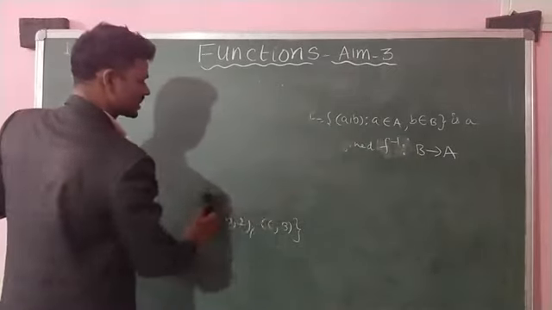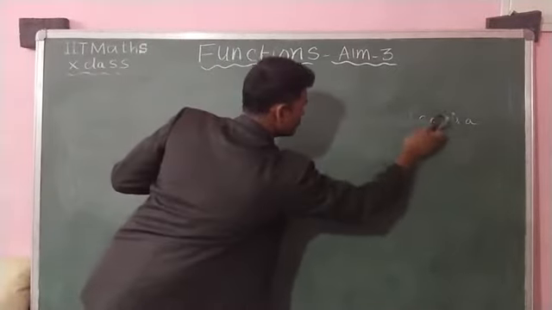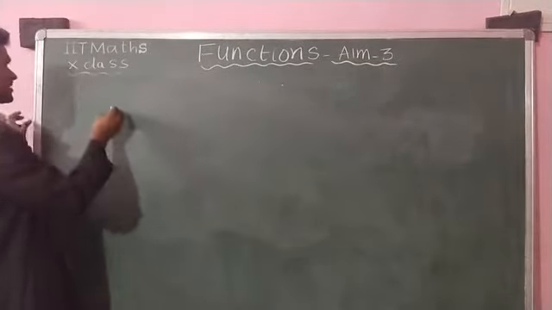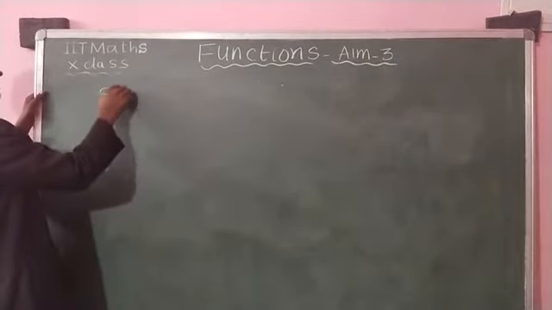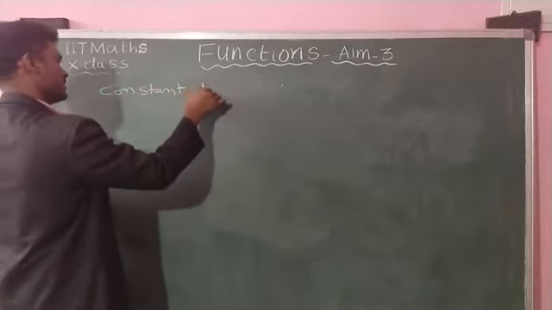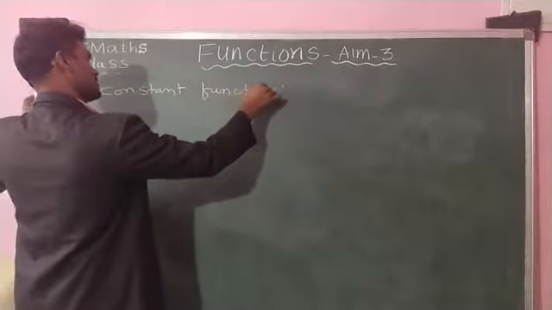Now the second one, note down. Second one is the constant function. Constant function is an algebraic function and a polynomial function.